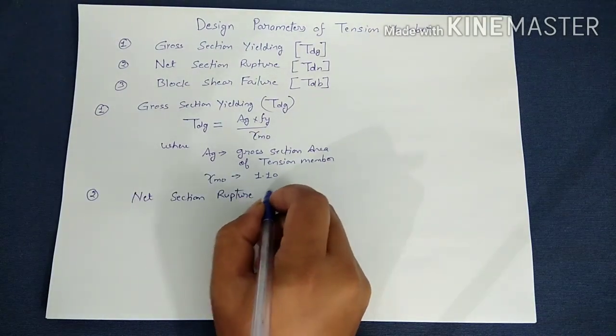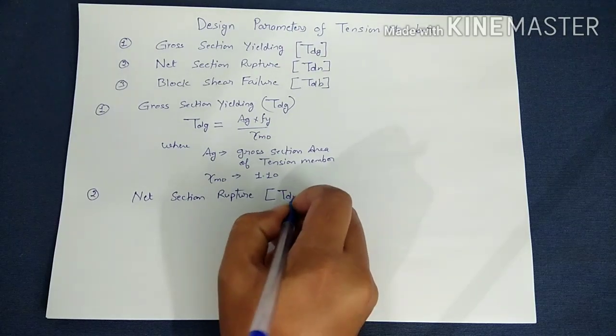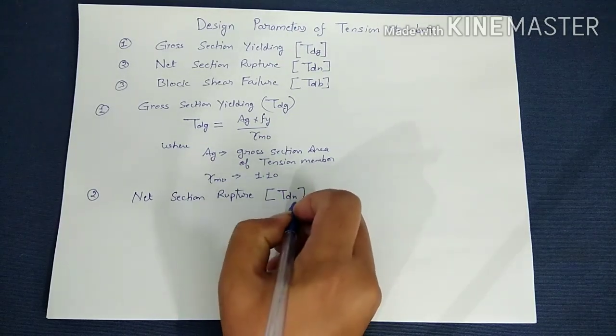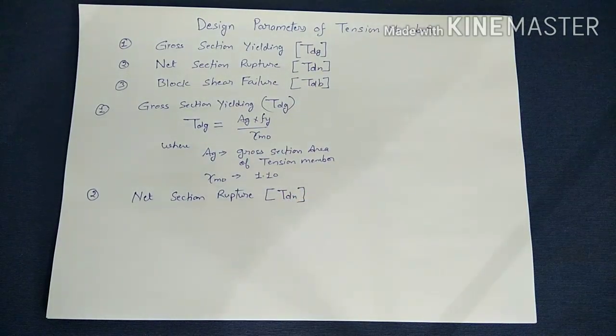It is nominated as TDN. It is due to failure, or we can say tearing, of the tension member due to concentration of stresses near bolt holes, as bolt holes reduce the cross section area.